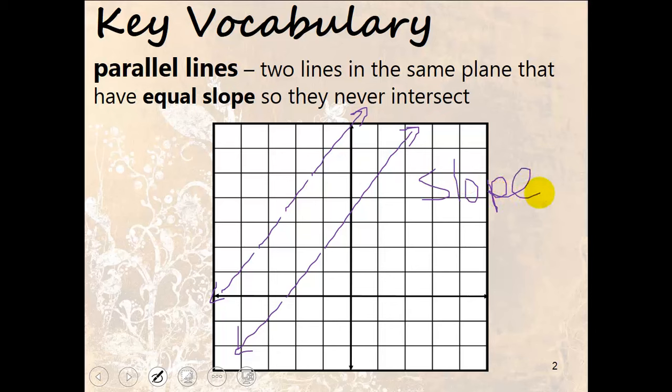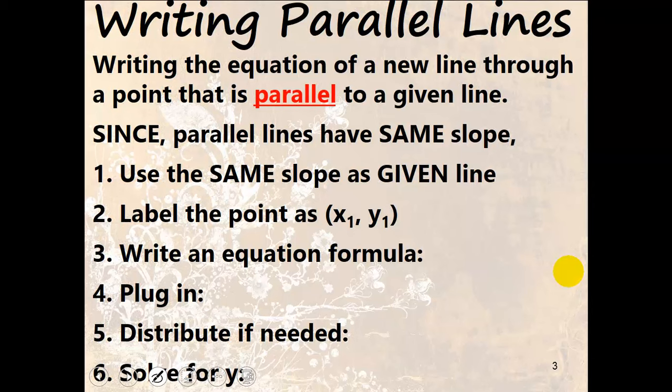Otherwise, eventually they would meet. So we're going to use that to write a parallel line. If we know the slope of any line, then we know the slope of every line in the universe that's parallel to it, okay? And we're just going to use the same slope.